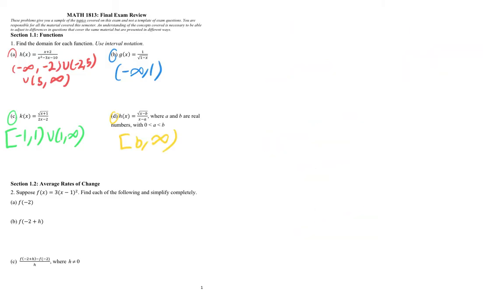All right, now we want to look at question 2a here. So we want f of x is equal to 3x minus 1, and that's squared, right? Well, this one's f of -2. Let's just simplify fully. So what we're going to do is plug in -2 anywhere we see an x.